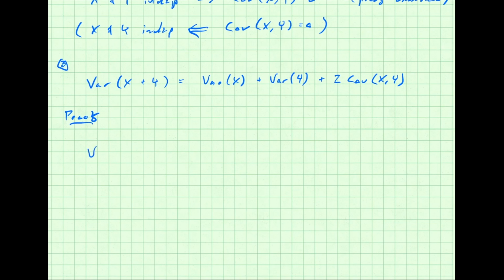So the variance of x plus y, right? And so to do this, I'm going to just use the sort of more common definition of variance that we use. This is the expected value of x plus y squared minus the square of its expected value. So expected value of x plus y quantity squared minus the square of expected value of x plus y.